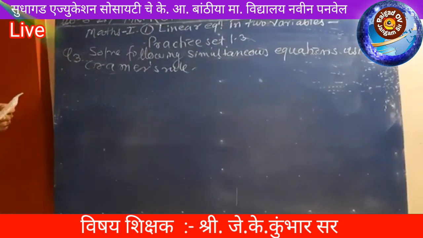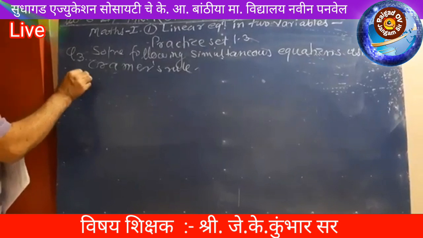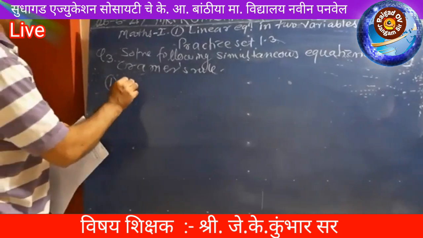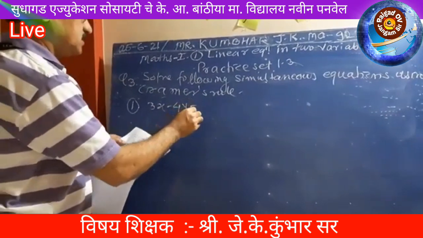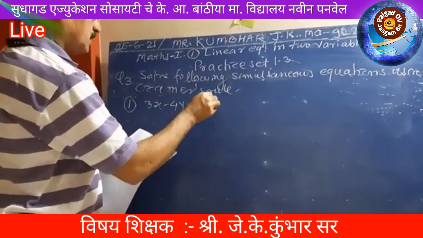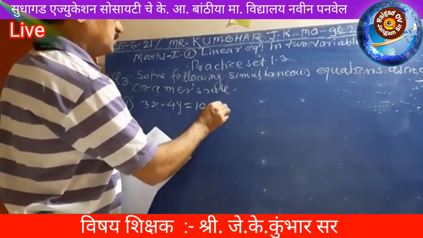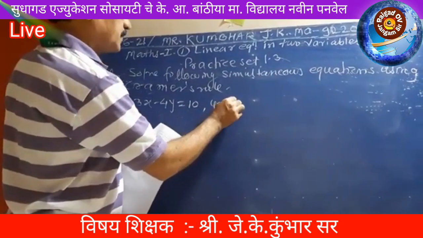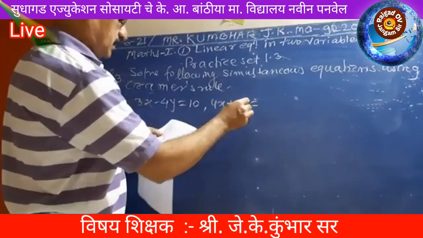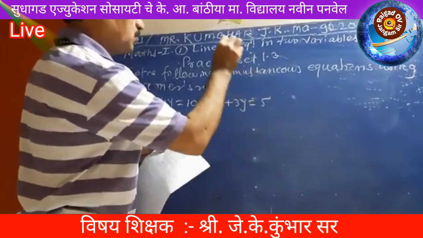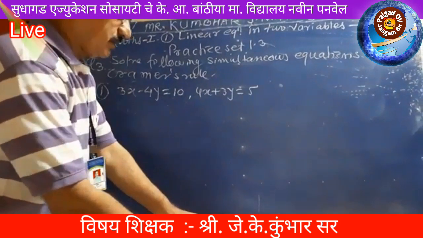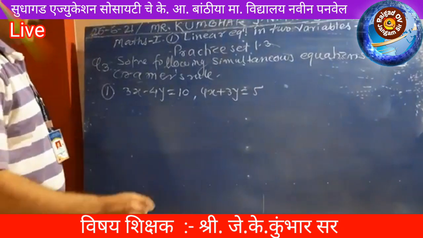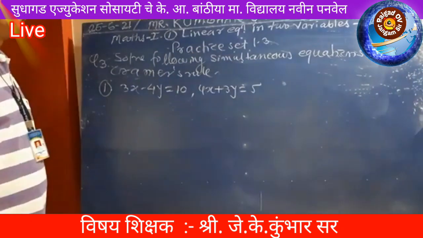First one is 3x minus 4y is equal to 10, and second one 4x plus 3y is equal to 5. So 3x minus 4y is equal to 10 and 4x plus 3y is equal to 5.